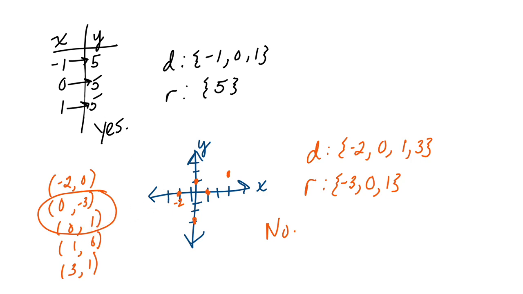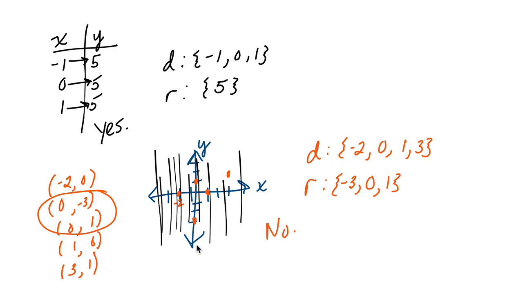If I was to imagine a bunch of vertical lines on my graph, an infinite amount of vertical lines going through, if a vertical line hits more than one point at a time, see how it's hitting this point and this point on this vertical line? We would say that fails the vertical line test. So that would also be another reason why, no, it is not a function.